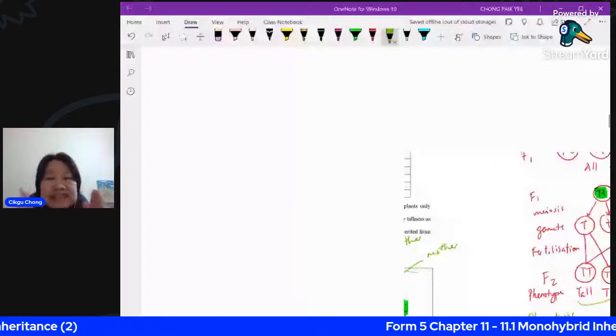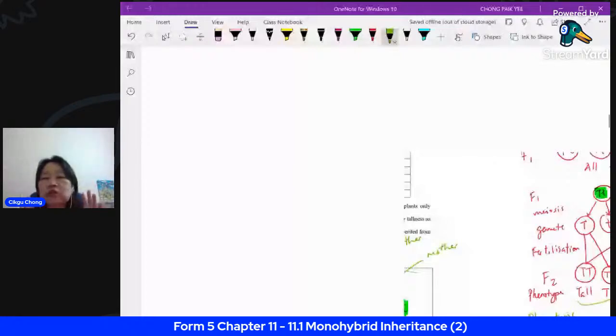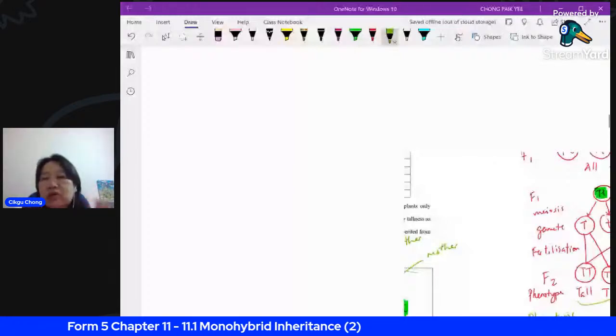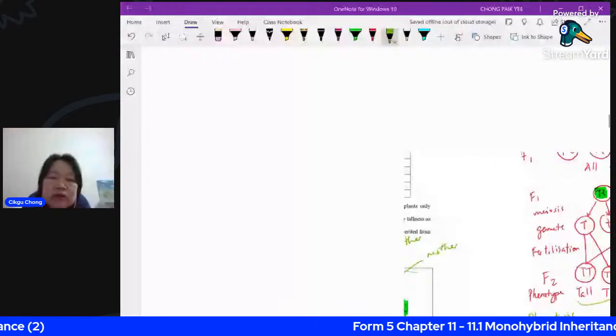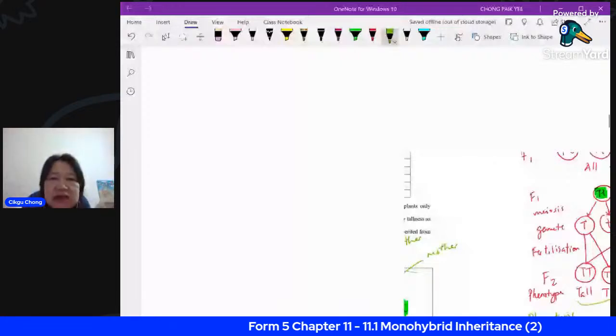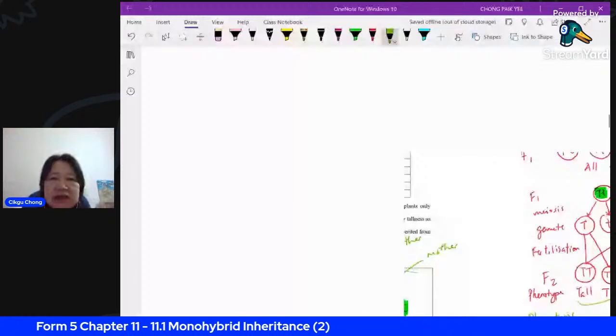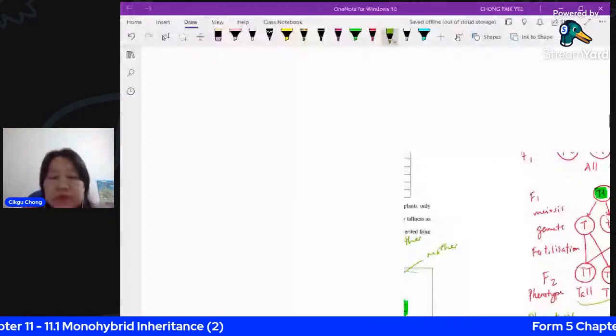It's always roughly 3-to-1, the dominant trait will always be 3 times more compared to the recessive trait. So he said this must be a law, because when doing it hundreds and thousands of times, I always get the same result. That means there must be a law to it. And then he found this law. He said that this must be true.